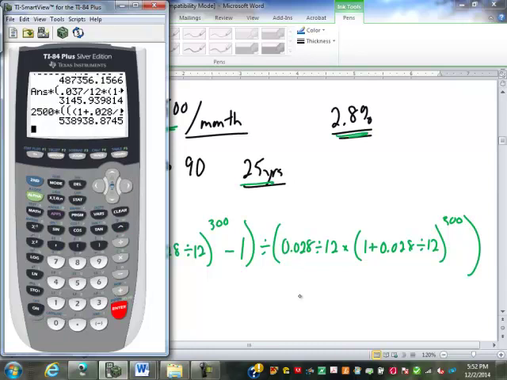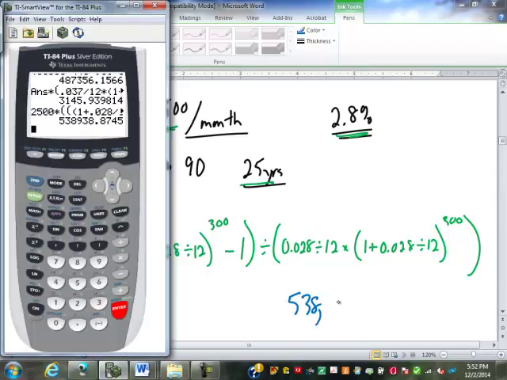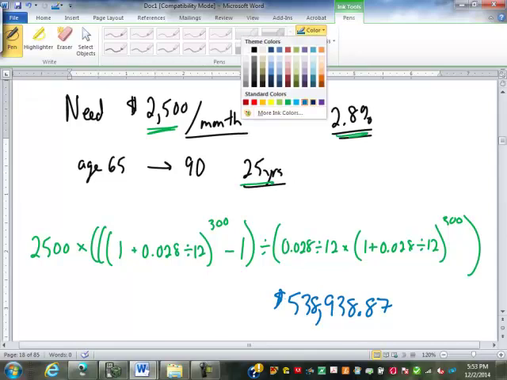So this is saying we need $538,938.87. Probably just rounded up to $940, huh?